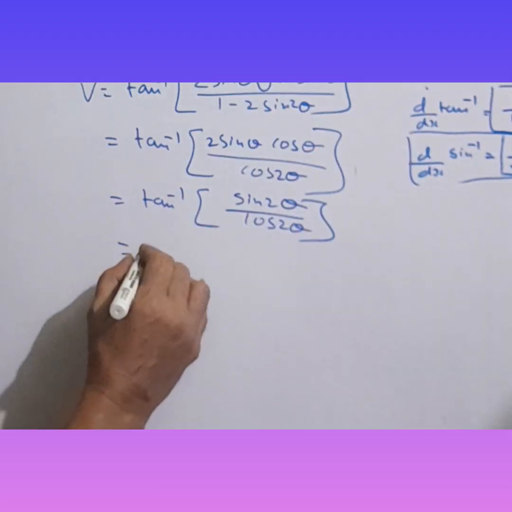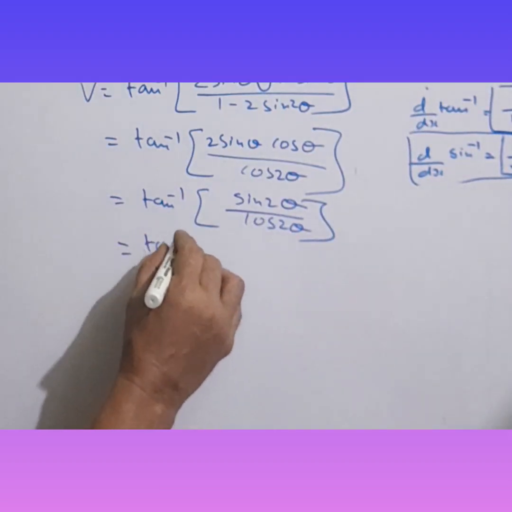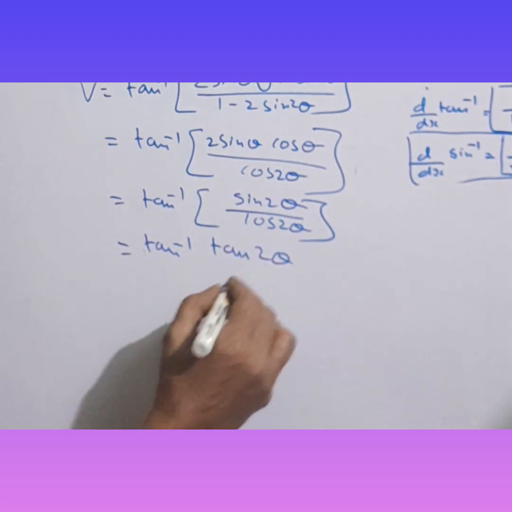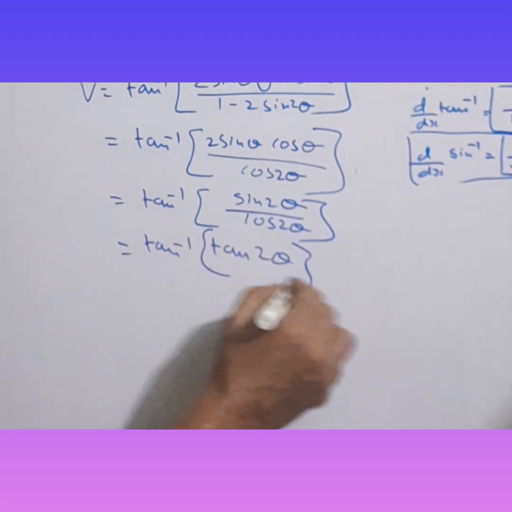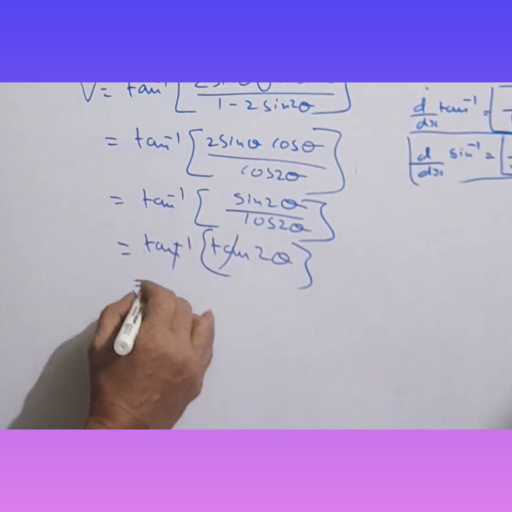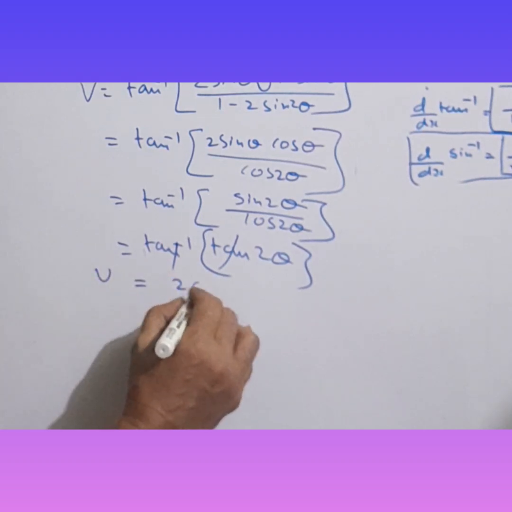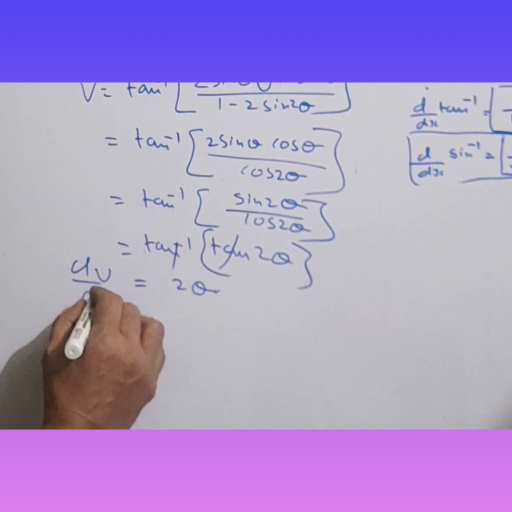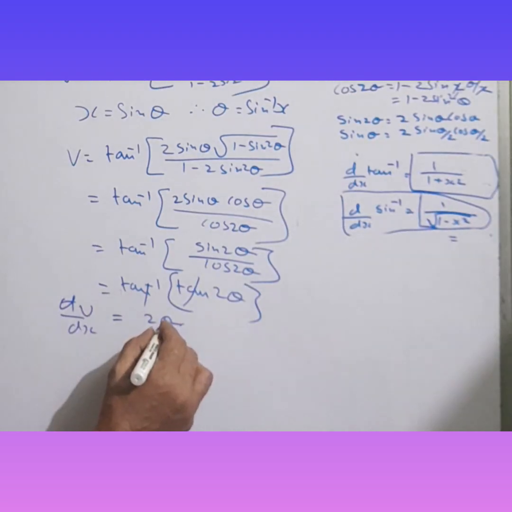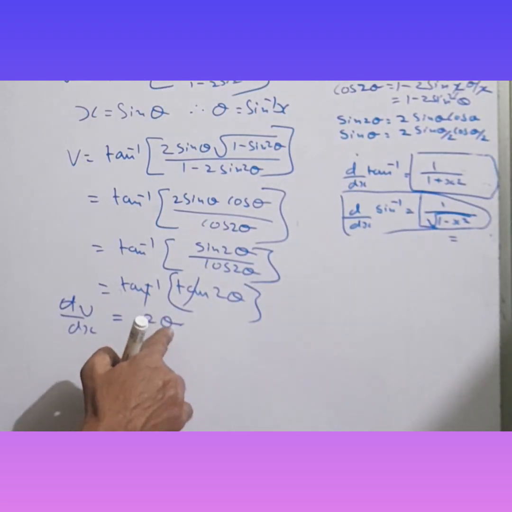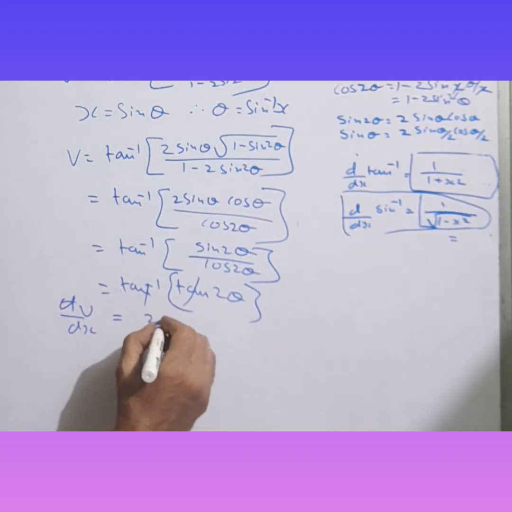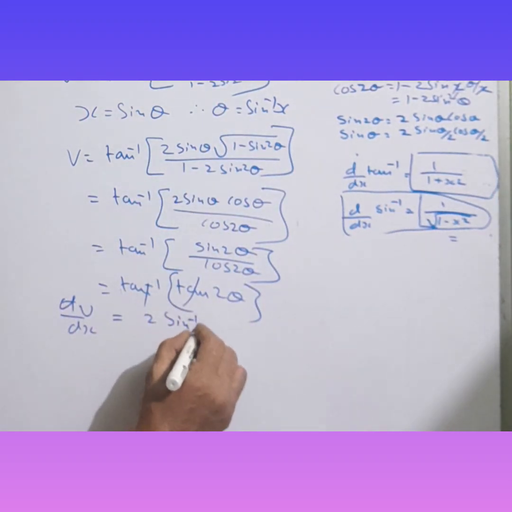Alright, so we get tan inverse, not to forget, it is 2 theta. So this cancels. So our v comes to 2 theta. So I have got to do d by dx of this and substitute theta is equal to sine inverse x. Alright, so I substitute here sine inverse x.